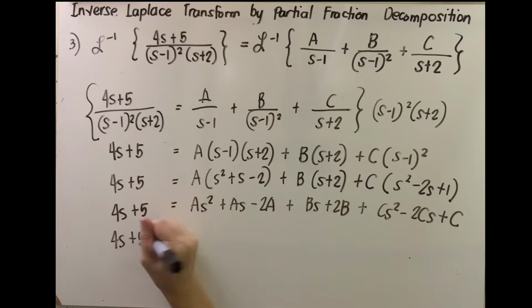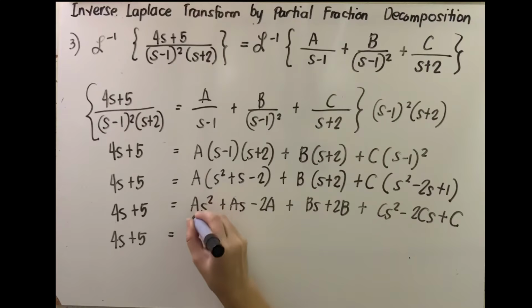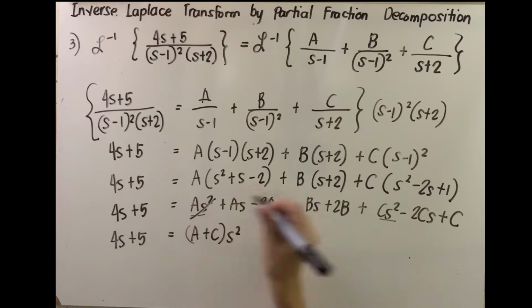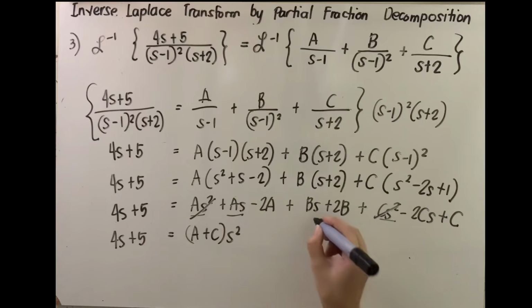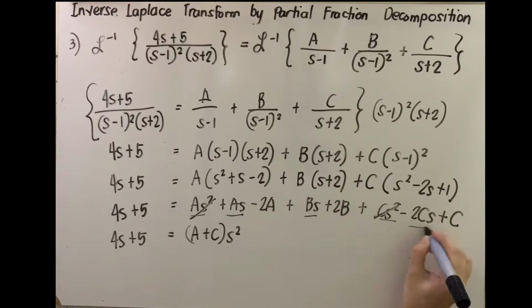Okay, after that, group together similar terms. So you have 4S plus 5 equal to second degree terms. So I have AS squared and CS squared. So I'll have A plus C times S squared, right? Cancel. And then I'll get first degree terms. You have AS, BS, and negative 2CS.